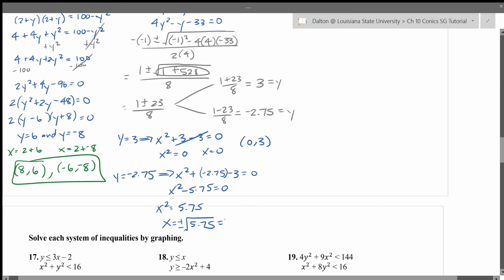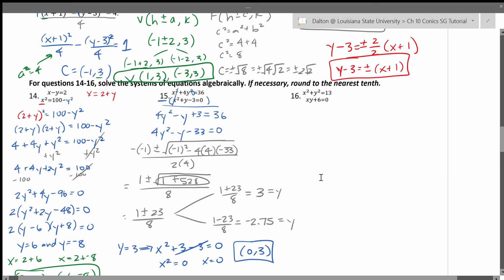So when you actually take the square root of this, you're going to get plus or minus about 2.4. So we end up with a positive 2.4 x will yield a -2.75 y. And a -2.4 will also yield the same -2.75. So there are 3 answers to that system of equations.